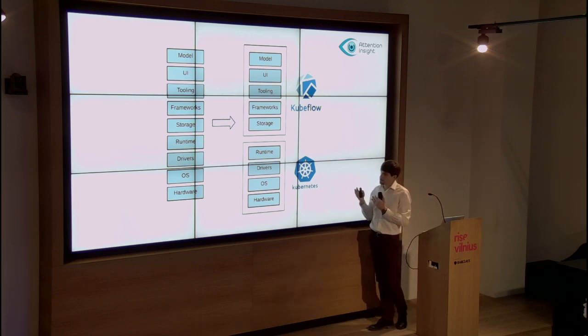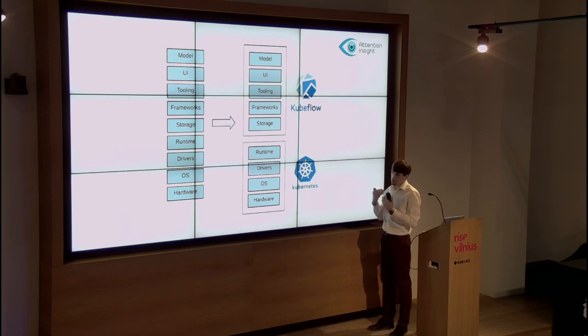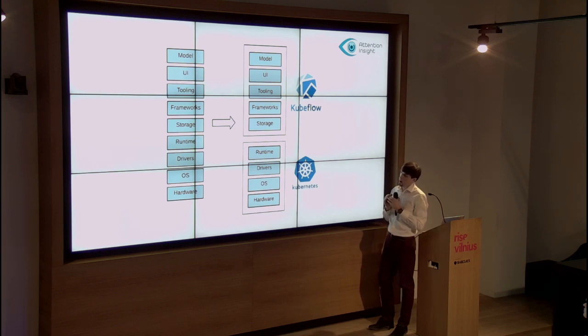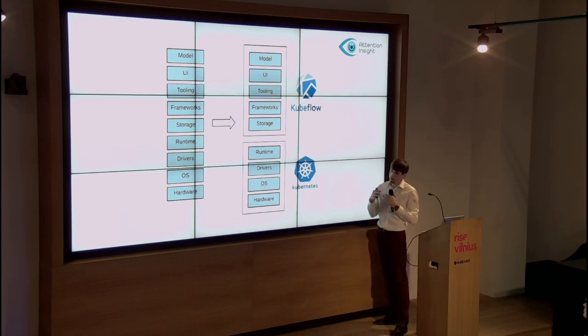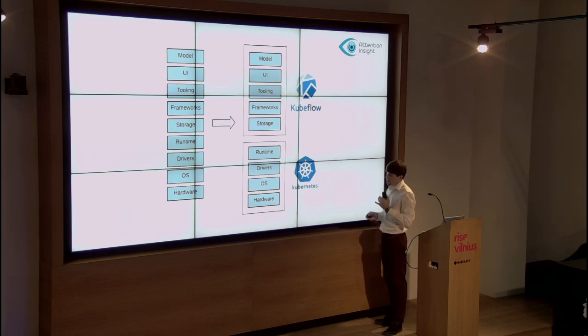You can use Kubernetes and Kubeflow to manage this more easily because it allows you to abstract these activities more. So Kubeflow can take care of the model, UI, tooling and frameworks parts, whereas Kubernetes can handle the resourcing part.